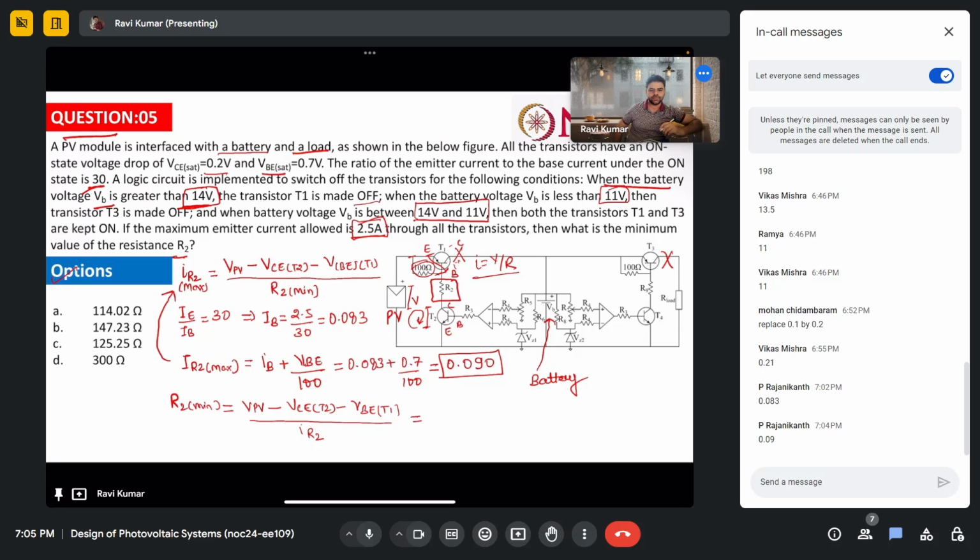What is this VPV? See, the maximum current flow through this R2 will be when the PV voltage or the battery voltage is at the maximum condition. And what will this maximum condition be equal to?